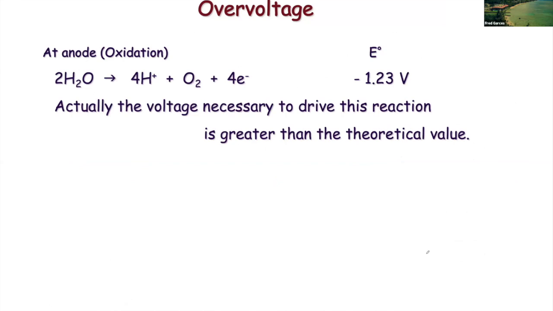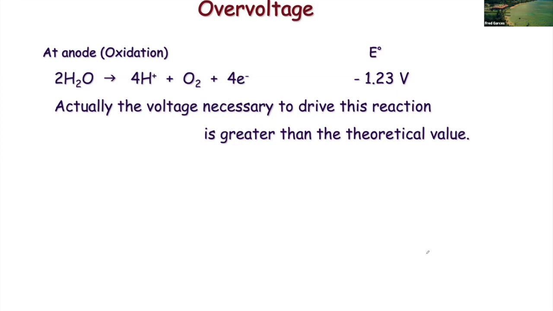I told you a lot about the chemistry of water, and that water requires 2.06 volts to take place. In actuality, it requires more than that, and the reason is because we need to put in more energy than the theoretical minimum because of kinetic barriers and other forces we have to overcome. These other forces are called the overvoltage.